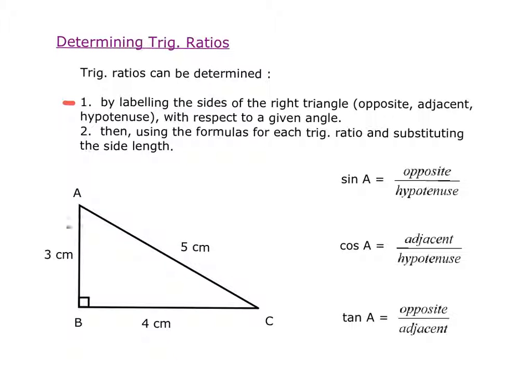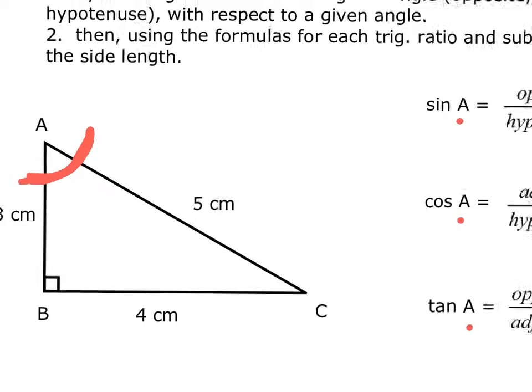So when we're talking about this, you will label that angle. What I like to do is label from that mark, and it'll also be identified to you in the question. So for example, A. That's saying that when we're looking at this triangle, we're looking at it from angle A. So now we can label our triangle.